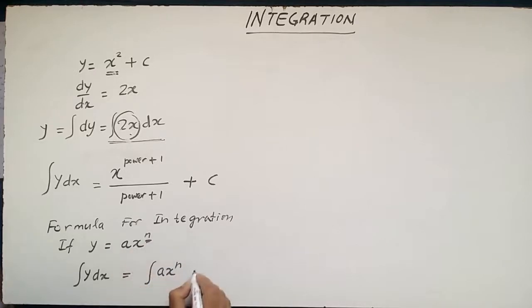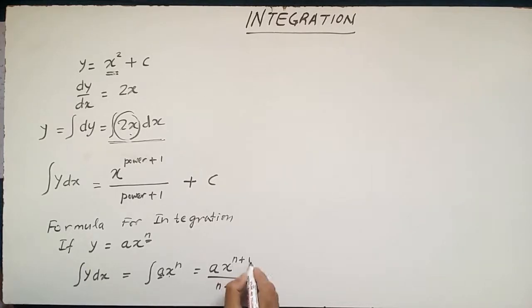Now the power is n, so basically a is a constant, so nothing happens to a. We are increasing the power by 1 and dividing by the same power, that means n plus 1, and then we add the constant of integration, which is c. So this is the general formula for here.